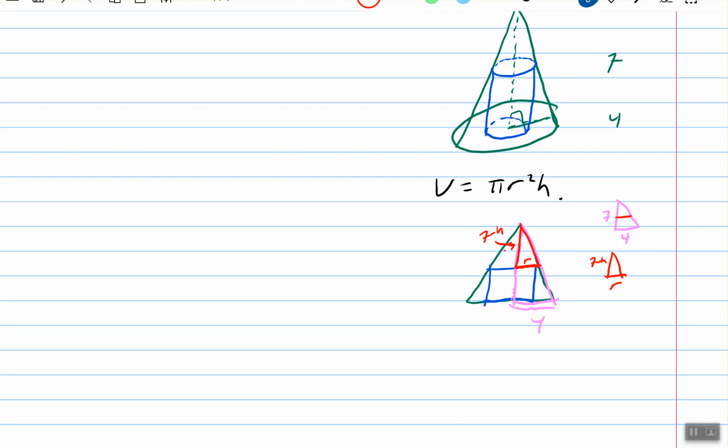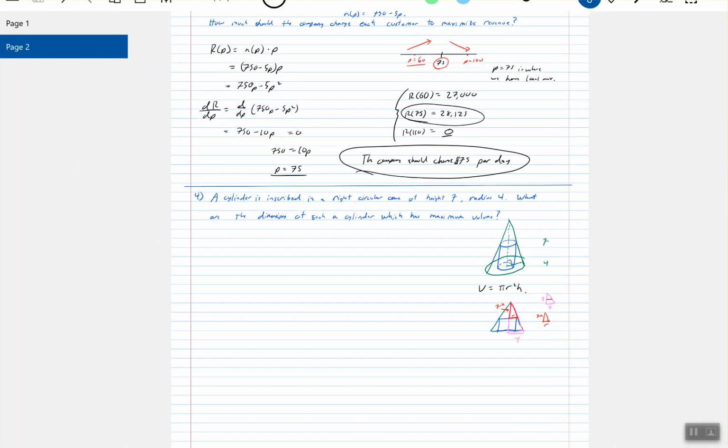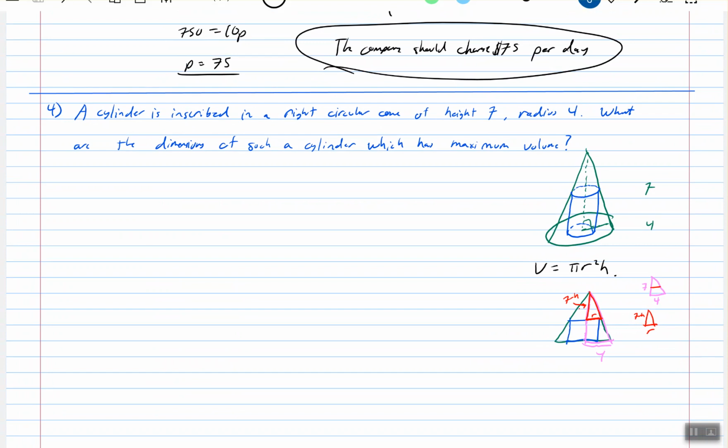Right? So what's neat is that these two triangles are similar, i.e. the proportions, so the heights and the widths, are the same. In other words, we can conclude that 7 over 4 is equal to 7 minus h over r.